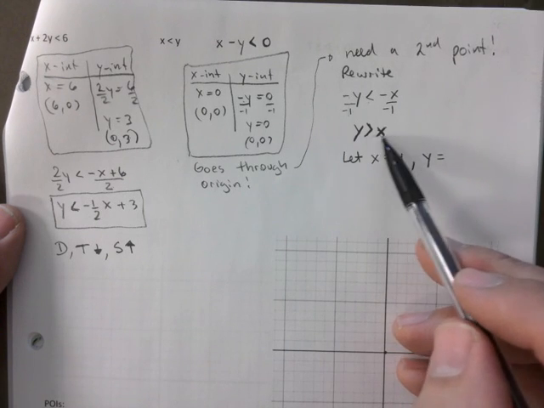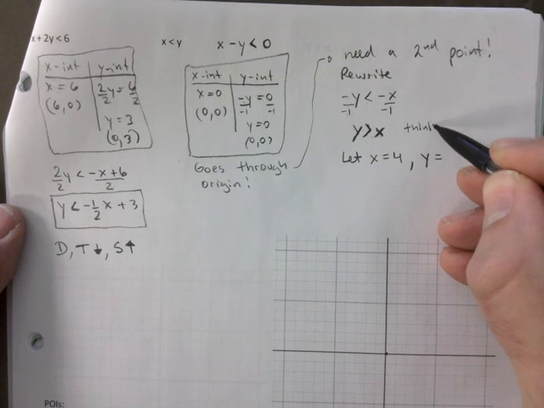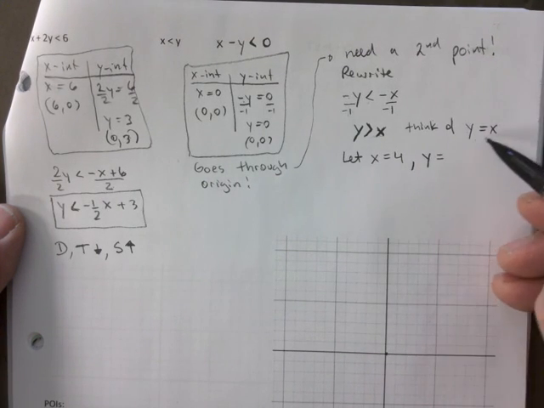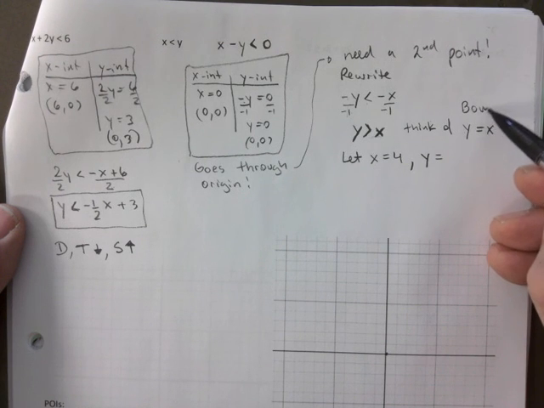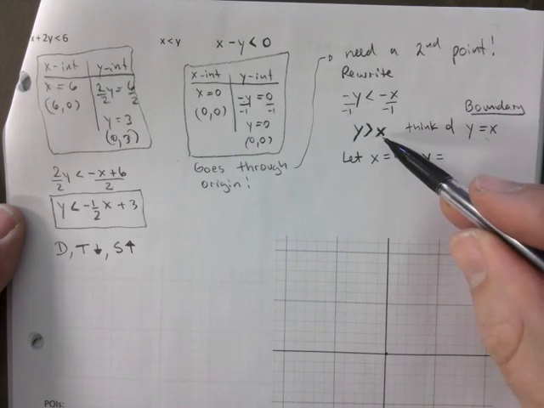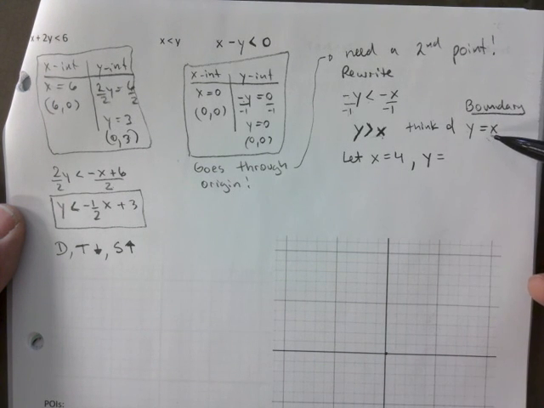You're looking at the y equals x line. Think of y is equal to x because that's the boundary line. This is the boundary for this inequality, correct? We just put an equal sign in there for a moment to think of this. This is the boundary line.